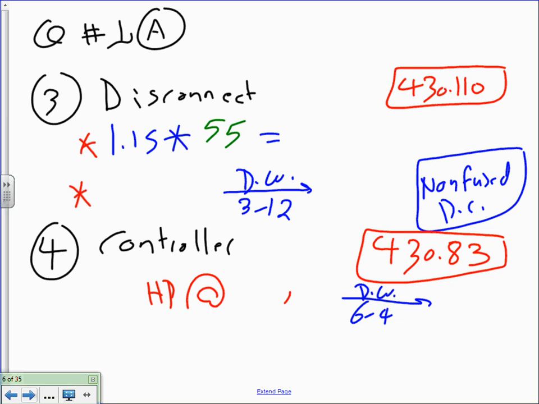Where are my calculators? 63.25. Second? Yep. 63.25, good enough? Okay, 63.3 amps. Then you take it to table 430.12, right? That's where you get your disconnect.